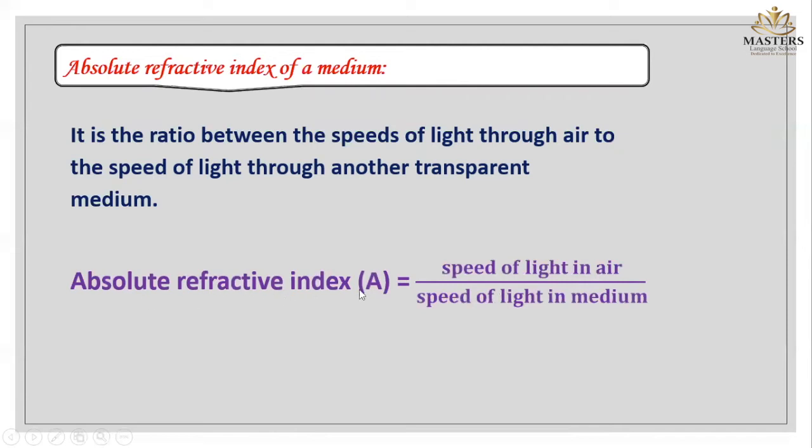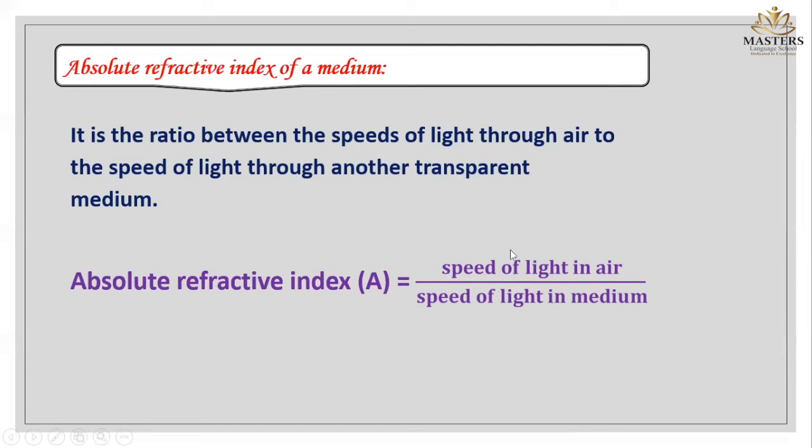So the absolute index equals the speed in the air divided by the speed of light in the medium we want. Now the question: this ratio, the answer will always be more than 1.